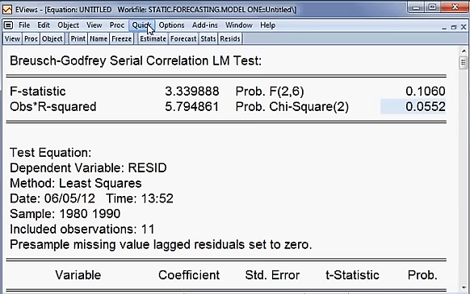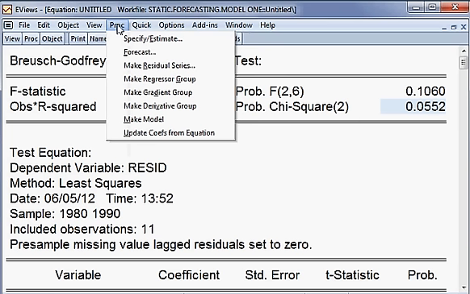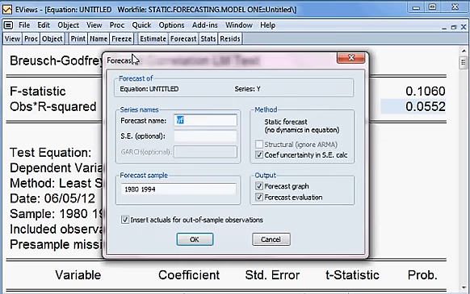So I go to procedure, proc forecast, you can see from here.